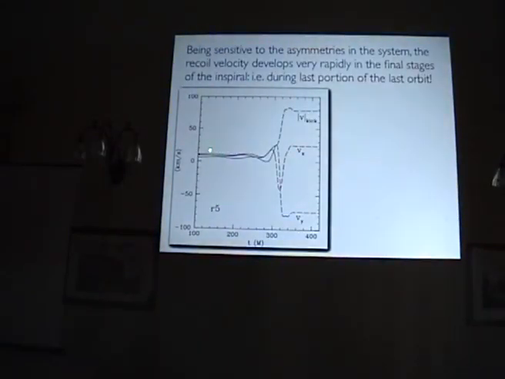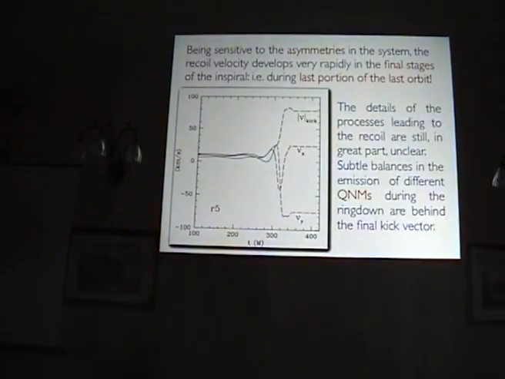Okay? So this is a time 300M. You see, essentially the velocity is always very close to 0. And it's just at the very end that the kick velocity goes up to about 60, 70 kilometers per second. And that's why the kick is really built in the last portion of the orbit.